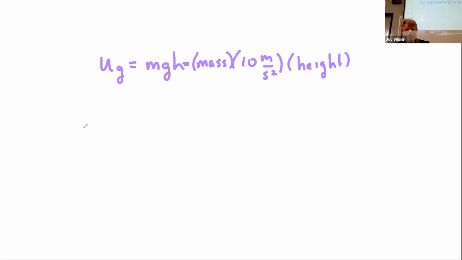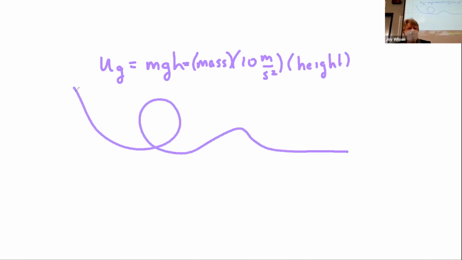Okay, so let's do a roller coaster problem. Let's make this 40 meters. Let's make this 30 meters, 10 meters.